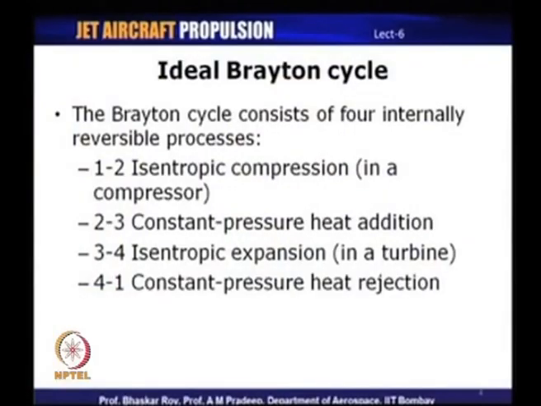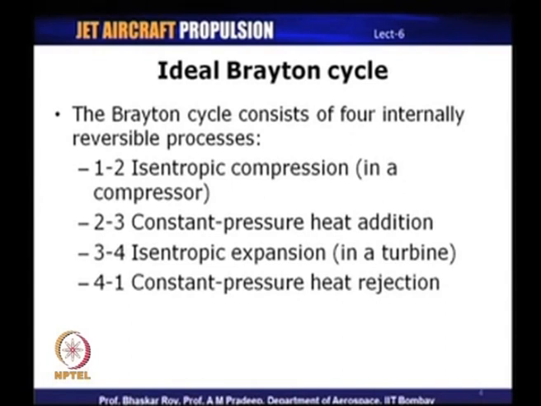So, the Brayton cycle as we know it consists of 4 processes. The ideal Brayton cycle consists of 4 internally reversible processes: 2 isentropic processes and 2 constant pressure processes. The first process in the ideal Brayton cycle is the isentropic compression process, which could be in a compressor. So, process 1 to 2 is isentropic compression in a compressor.